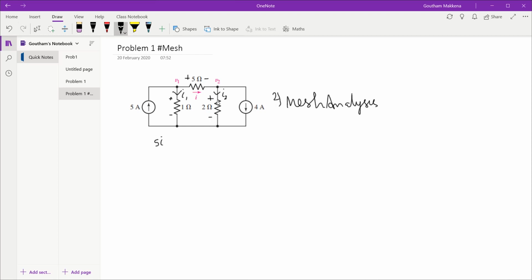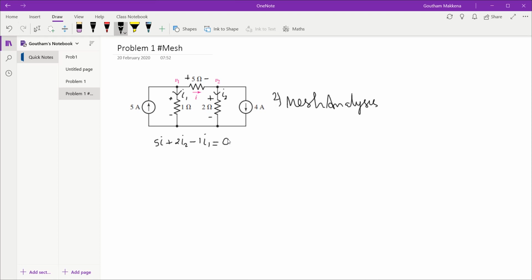I encounter this branch, so the voltage across this branch would be I into R, that is 2 into I2. So this is 5I plus 2I2. I have to finish the loop, so I encounter the negative polarity on this, so this becomes minus 1 into I1. All the potentials across a loop have to be equal to 0. So this forms one equation.